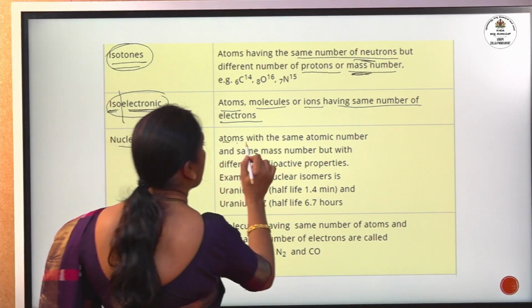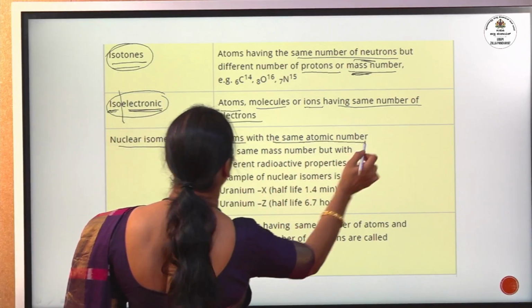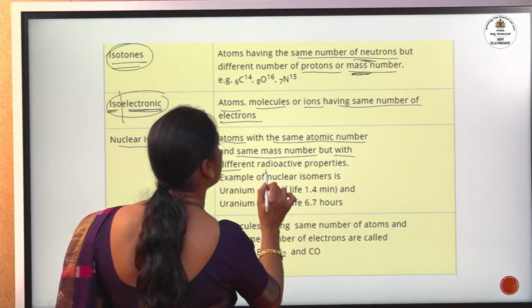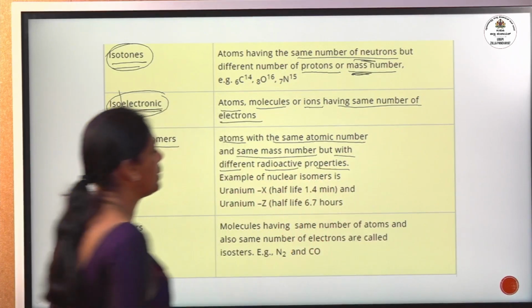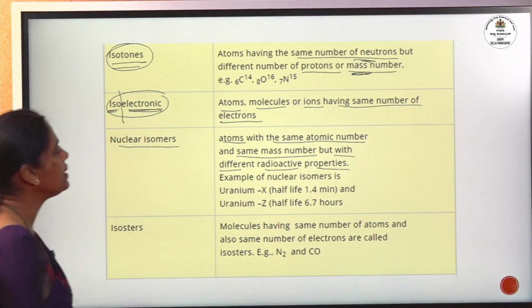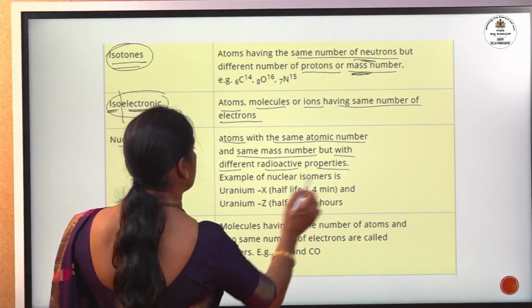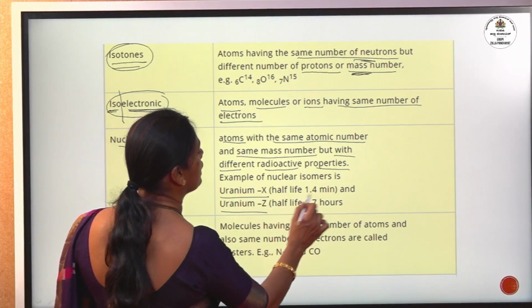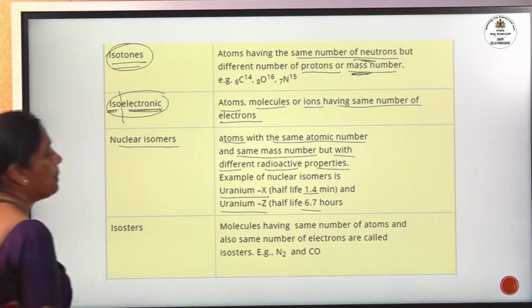These are the atoms with the same atomic number, same mass number, but with different radioactive properties. For this, an example can be given as uranium X, uranium Z with different half-life period.